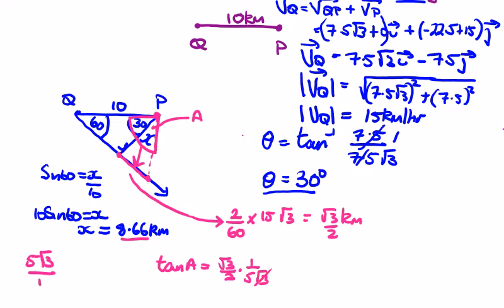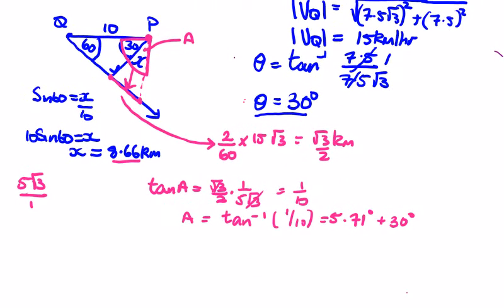So I'm going to get 1 over 10. The tan of A is equal to 1 over 10. So A is equal to the inverse tan of 1 over 10, giving me 5.71 degrees. So the total angle then is 5.71 plus 30, which is 35.71 degrees.